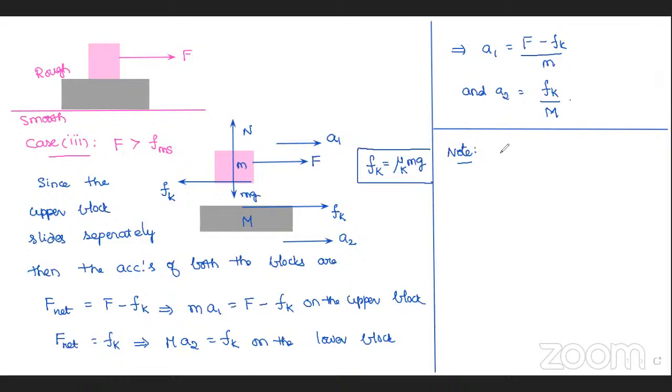I don't know whether you remembered or not. In case 2, FMS is equal to capital M into A. Remember this one, Nana?